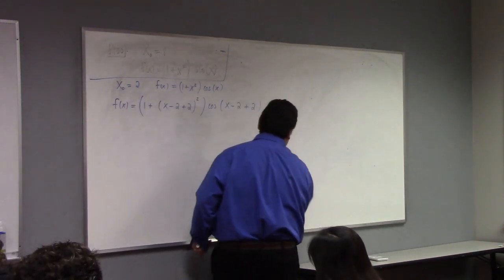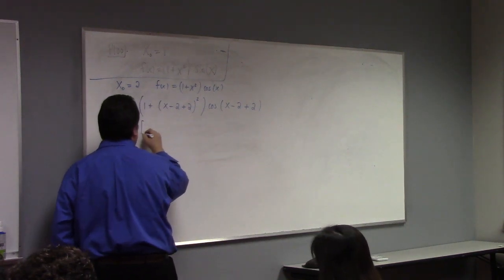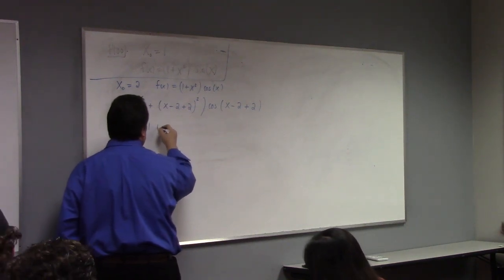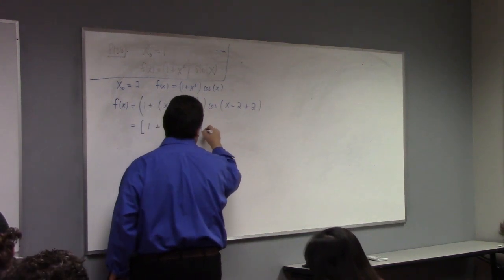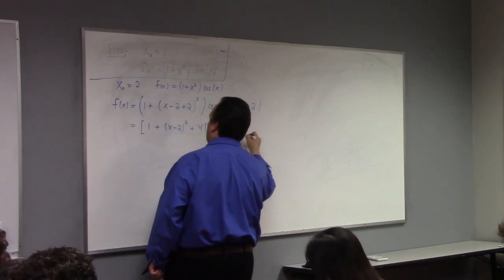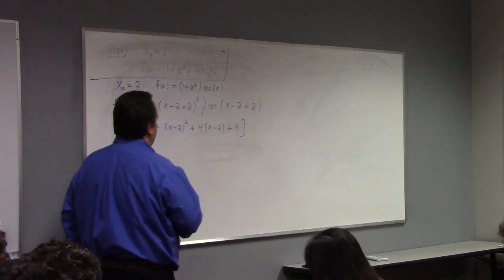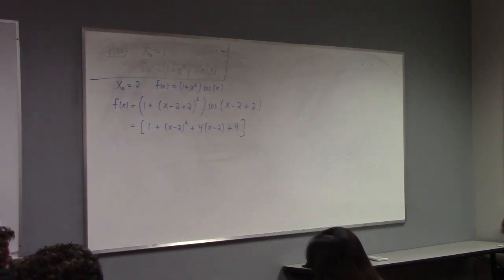So to start with, you've got 1 plus (x minus 2) squared plus 4 times (x minus 2) plus 4. And that's it. That is the sum total of what comes before the cosine for mine.